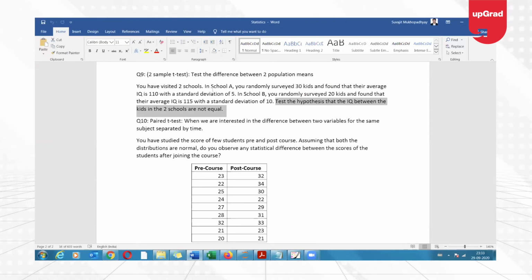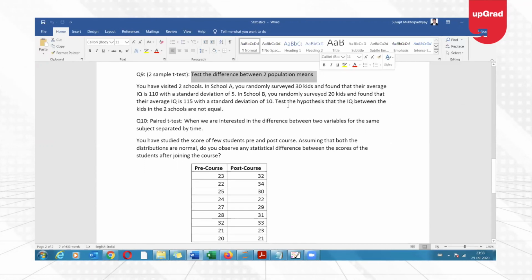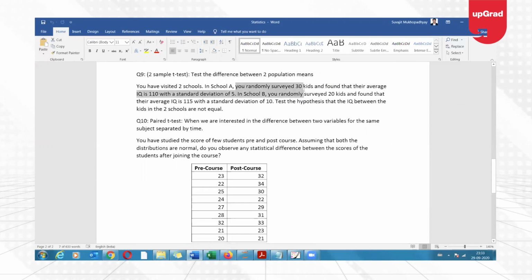So as we can see here, we test the difference between two population means. Here my two populations are school A and school B. In school A, I have randomly surveyed 30 kids and noted down their average IQ and the standard deviation.